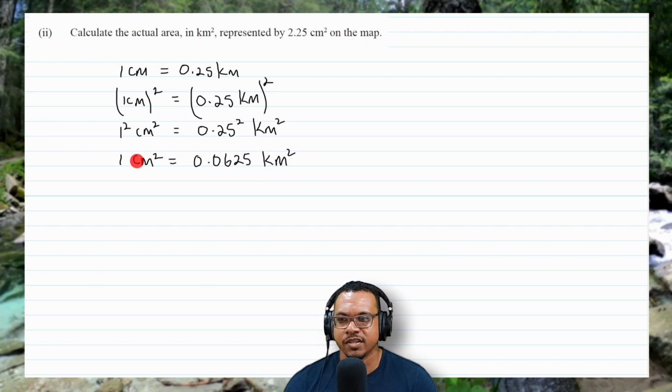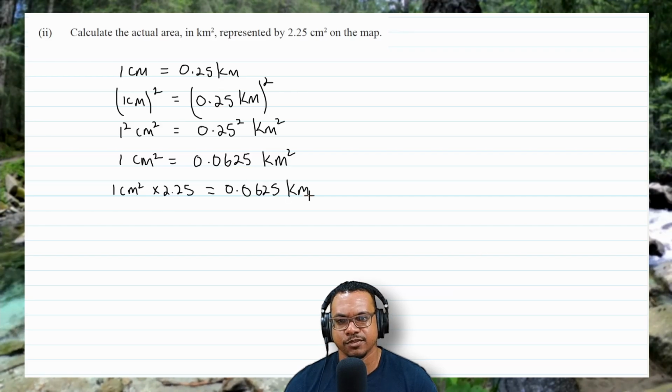So now that we know what 1 centimeter squared on a map represents in actual distance, we can find out what is 2.25 centimeters squared by multiplying both sides by 2.25. So we're going to have the 1 cm squared by 2.25, and that'll be equal to the 0.0625 kilometers squared by 2.25. So 1 times anything will give back the same thing.